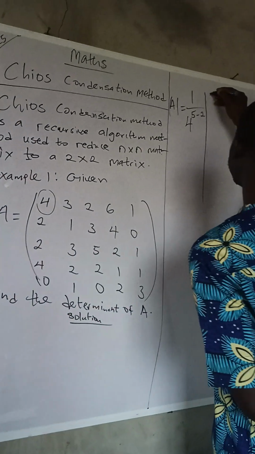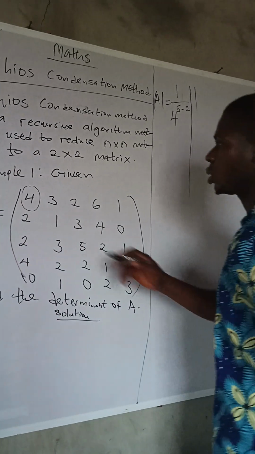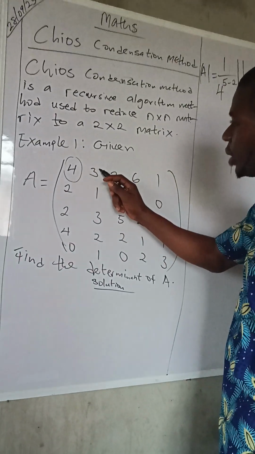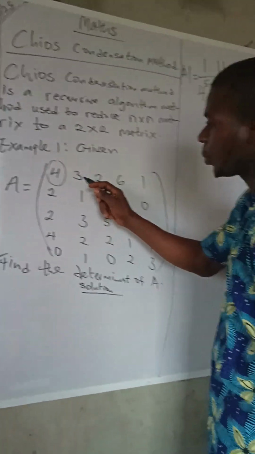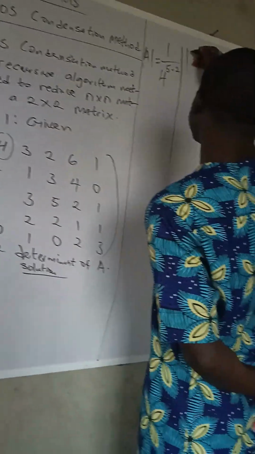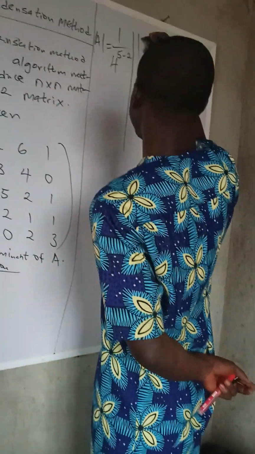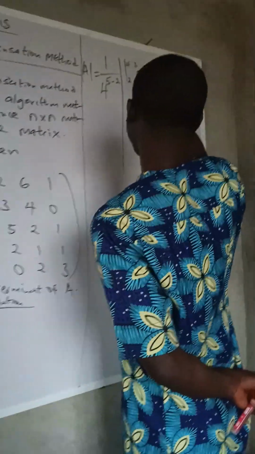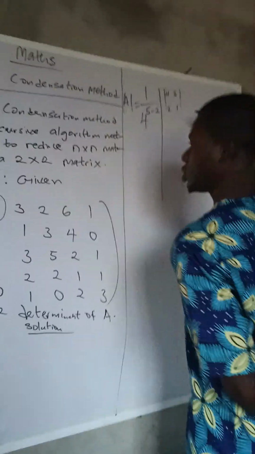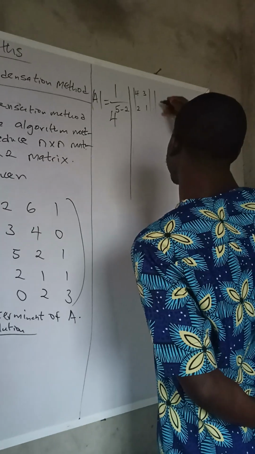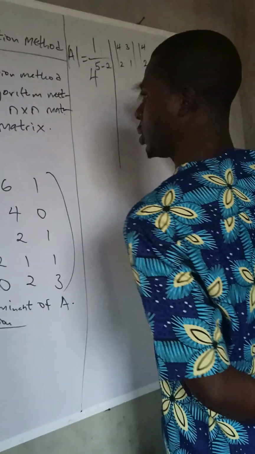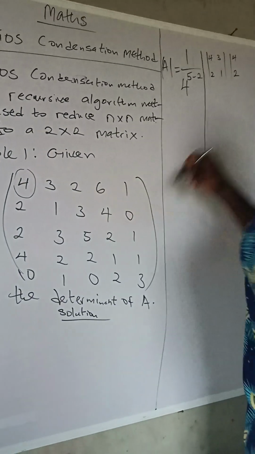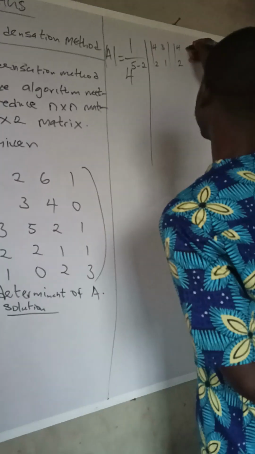So to do that, let's be picking it 2, 2. We have this 4 and 2. Then we will pick on the second column as well. We'll pick 3 and 1. So to form a 2 by 2 matrix, we have 4, 2, 3, 1. That's 1. Then we have another one, 4, 2, and then on the third column we have 2, 3.